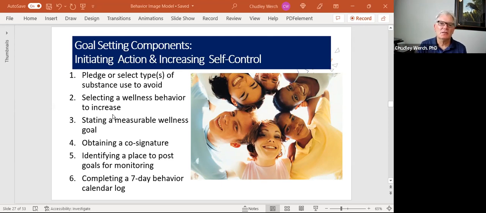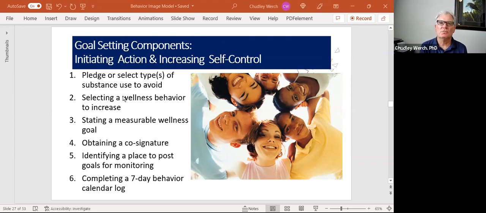So there's quite a bit involved in this goal setting to really increase success in goal setting. But the key, that motivation piece, is really important. That's the feedback. That's the behavior. That's the image-behavior connections, the coupling of the healthy behaviors and the substance use to increase motivation.